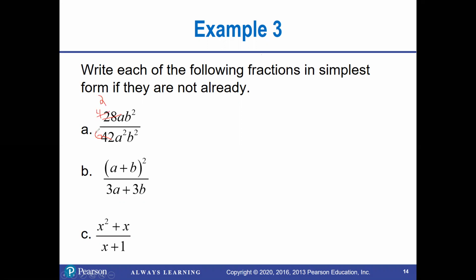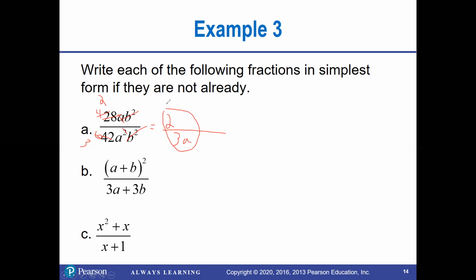So that's going to be a 2 and a 3. So already I know this is going to be 2 over 3. And then I can reduce letters. There's 1 A here, 2 of them on the bottom, which means I have an A on the bottom. And then the B squared and B squared cancel, which gives me 2 over 3A.